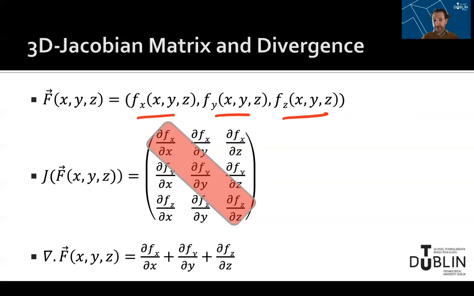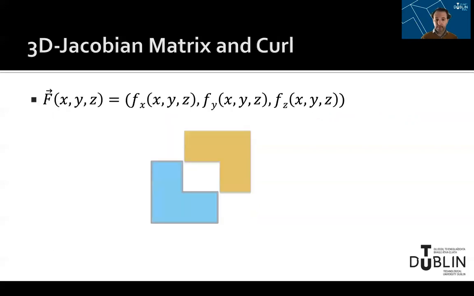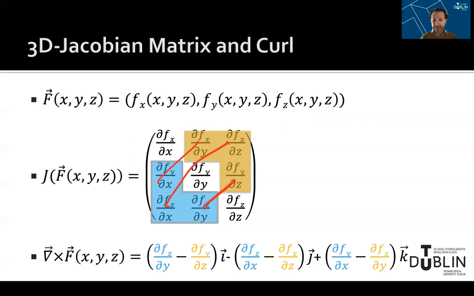So if you have your 9 derivatives, you just take the diagonal ones, add them together, you get your divergence straight off. And to get the curl, the things that aren't there on the side, so you link that one with that one, that one with that one, and that one with that one, and you subtract them from each other, and that gives us our curl.